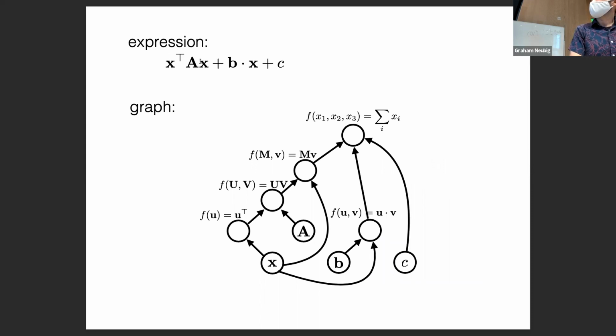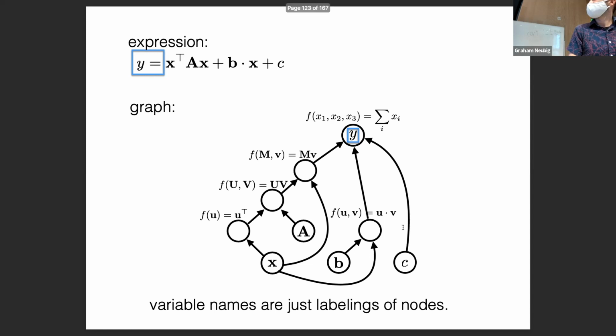This expresses a function, and we can name nodes in the graphs. So basically, if we do y equals this, that's basically just naming this node in the graph. And then we have a whole bunch of other unnamed nodes in the graph as well. Okay, so this is a computation graph.